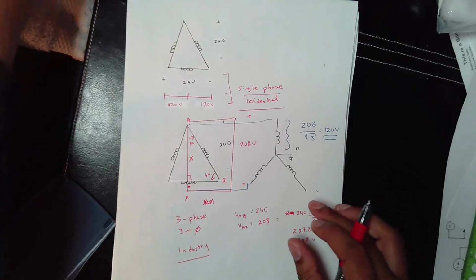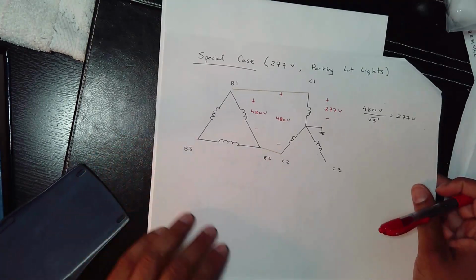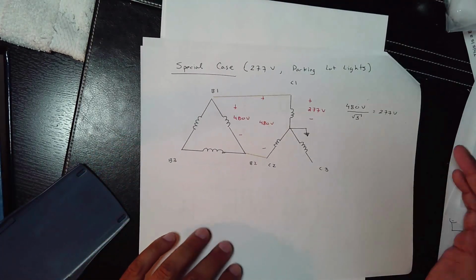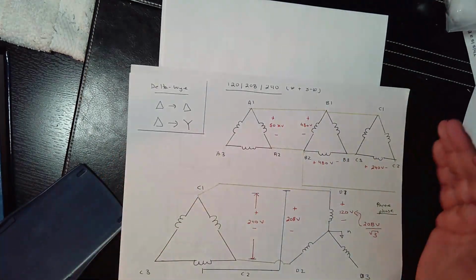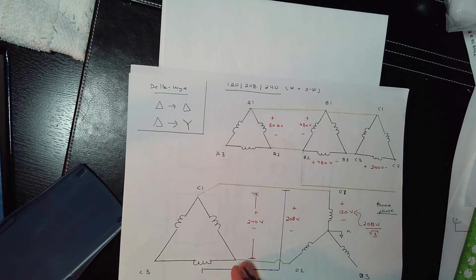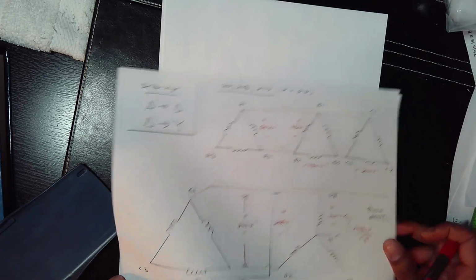There's one more example I want to cover. That example is the special case of your 277 parking light. How do you get it? Instead of dropping the voltages previously, going 480, 240, 208: in a single phase it is very straightforward.